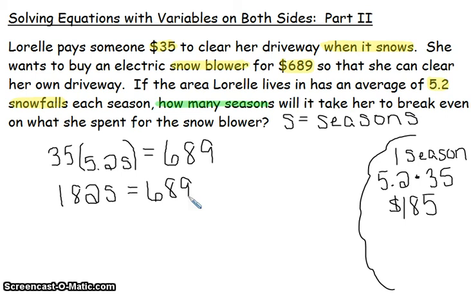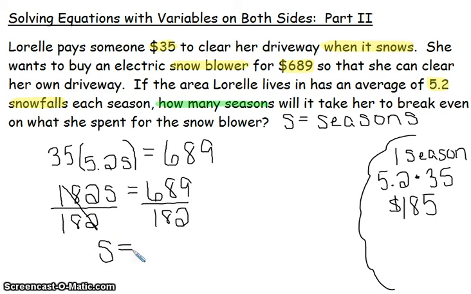Alright, so 182 seasons, 182 times our seasons equals 689. 182 times S. Inverse operation there would be to divide both sides by 182. 182 divided by 182 gives us 1S.